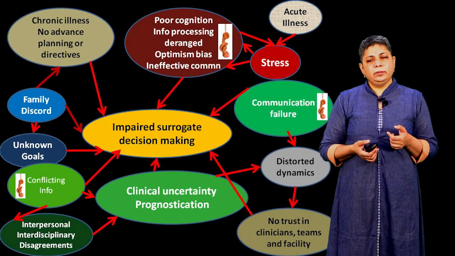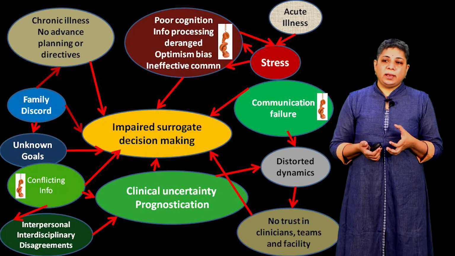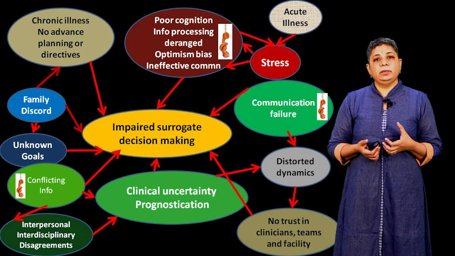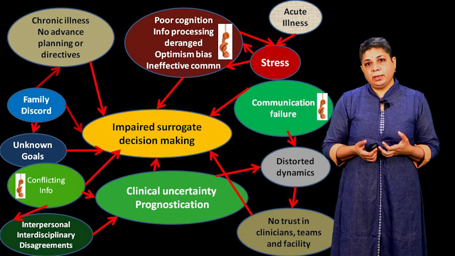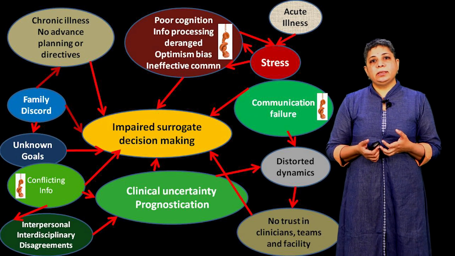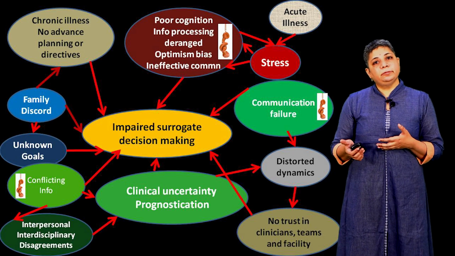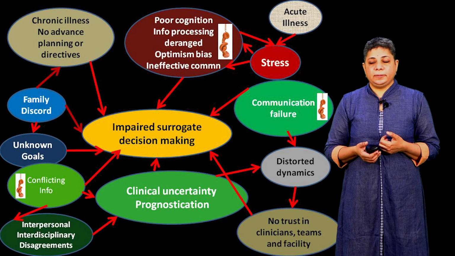So coming to these specific problems in the ICU, most of our discussion will be about impaired surrogate decision making. We understand that surrogates are put into a situation where they have to take decisions on behalf of the sick person, the patient.